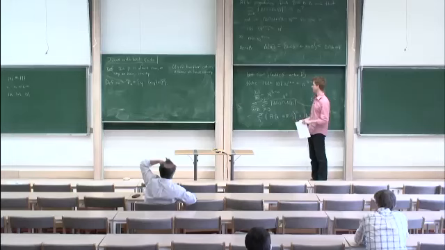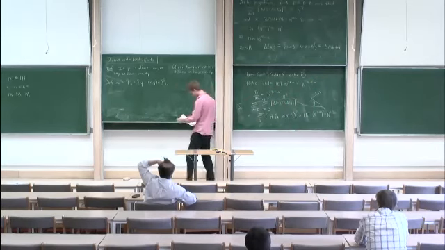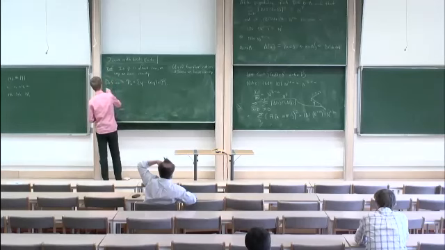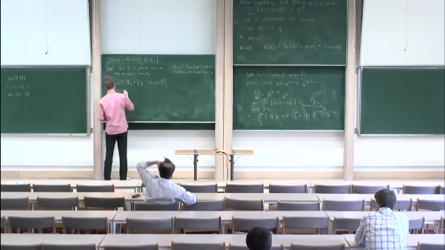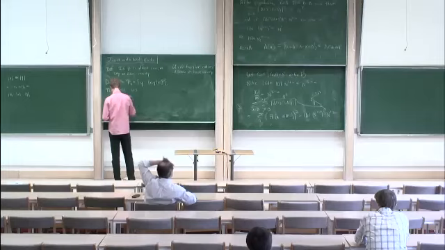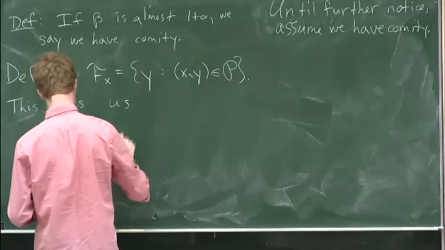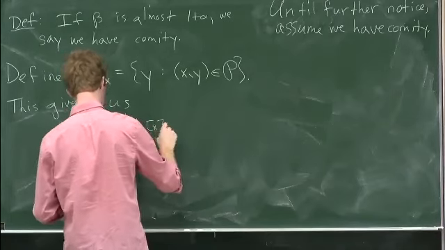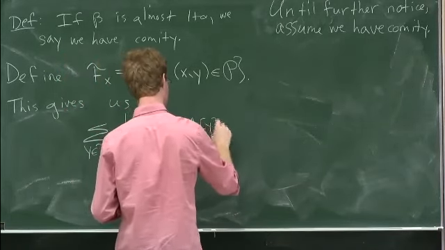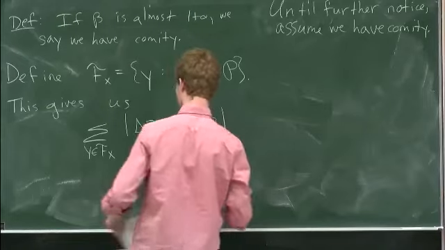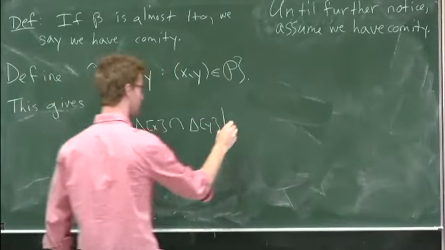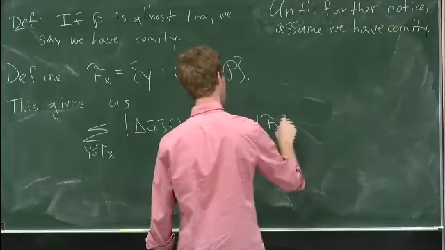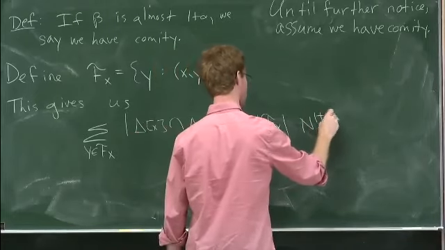So everything I say for a while is going to have some small error terms in it, where the error term is understood to be very small because beta is very close to 1 plus alpha. So in particular, this tells us that for a typical x, if I sum over the y's that it's friends with, for every single one of them, I get a full intersection, which is that number.